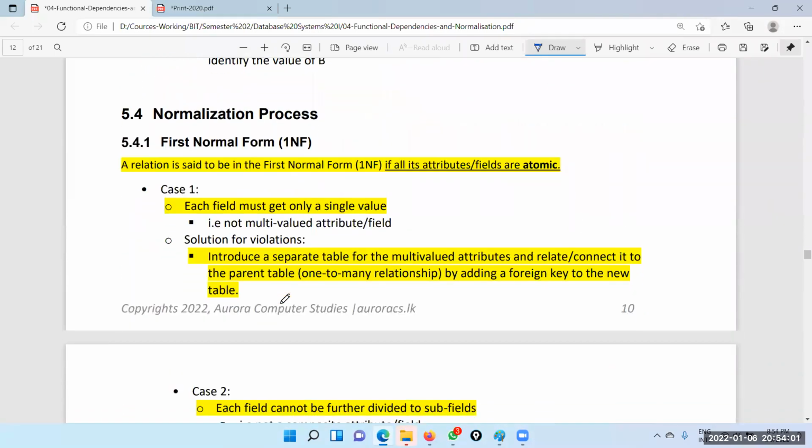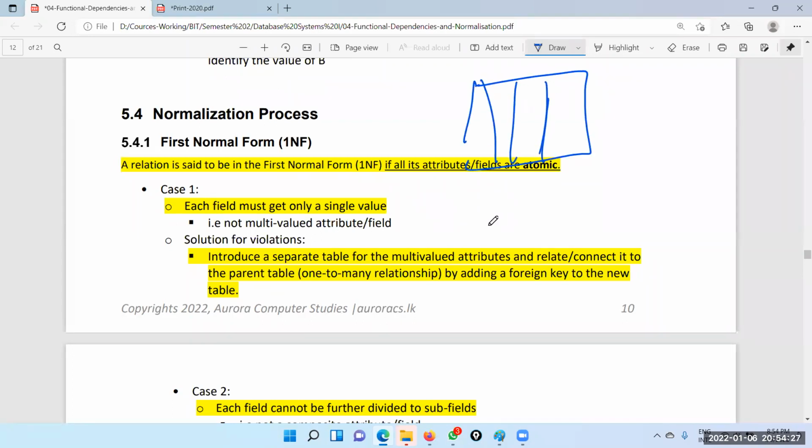Now let's take them one by one. Normalization process: the first thing is to check whether it is in first normal form. If not, transform it to first normal form. How do we do that? How do you know whether a table or relation is in first normal form or not?